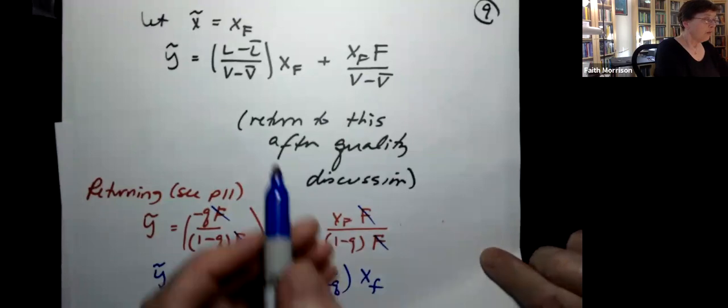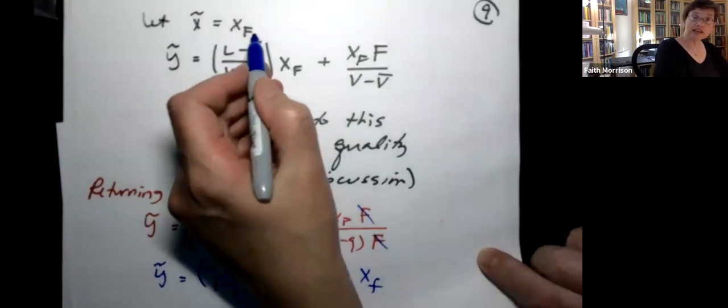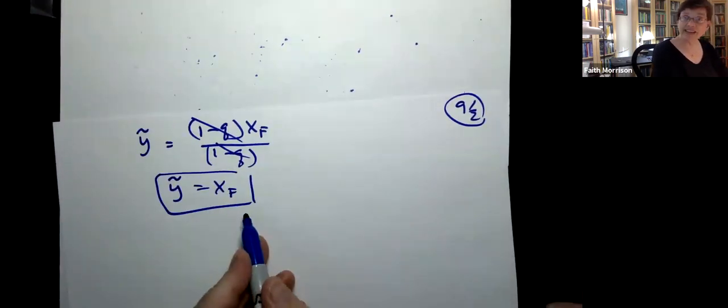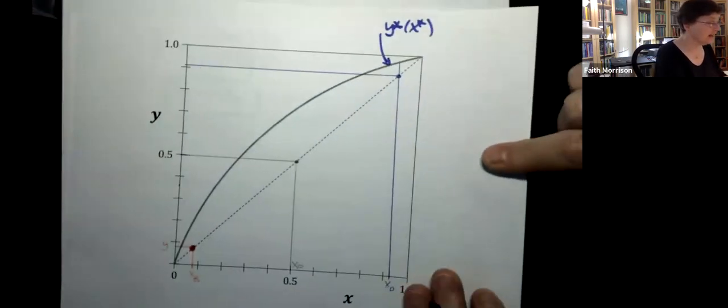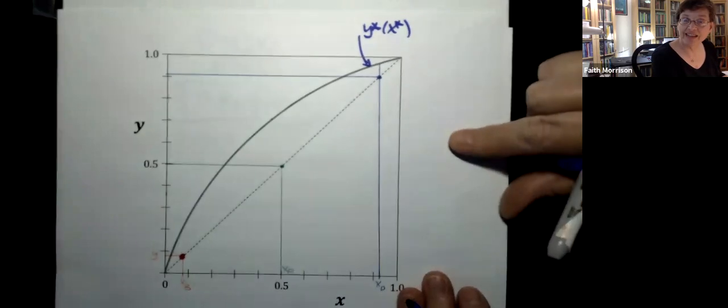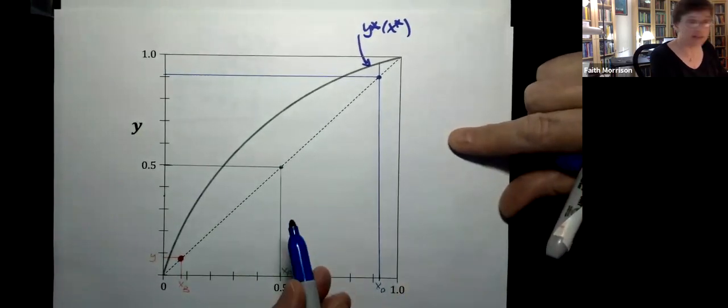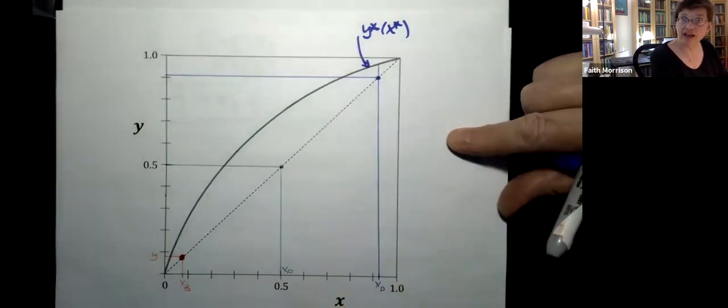So when X tilde equals XF, Y tilde equals XF. That means that this is a third point in our calculation that's actually on this 45-degree line.